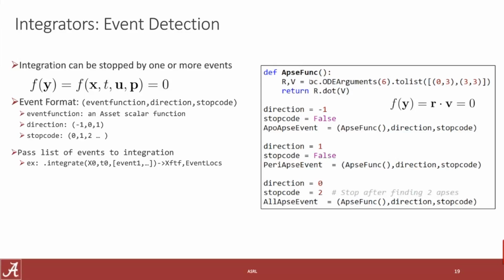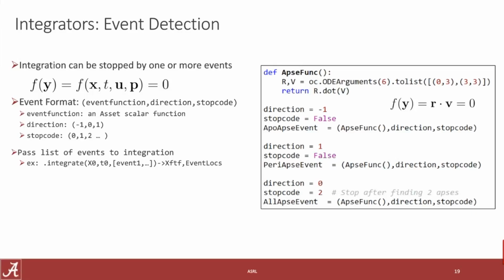So say we take this generic apsides function. It'll be a negative trigger at apoapsis and a positive trigger at periapsis. You could say, I want all apsides. So here's our function, and the direction is 0 because I don't care if it's going positive or negative. And then my stop code, I'm going to set it to 2. As soon as this function is triggered twice, then stop. So this will fly through a periapsis and an apoapsis and then stop.